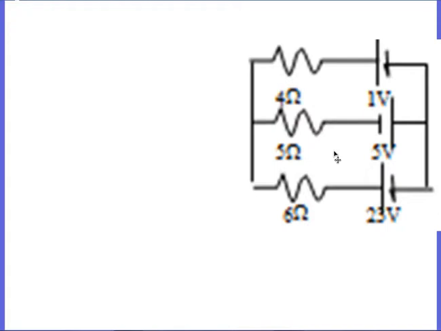I mean, we can make them harder than this, but we could certainly make them much easier. But we're going to start with this level of difficulty. And what I'm interested in, given the strength of these seats of EMF and the resistance of these three resistors, is what current will be flowing in these three branches of this circuit.